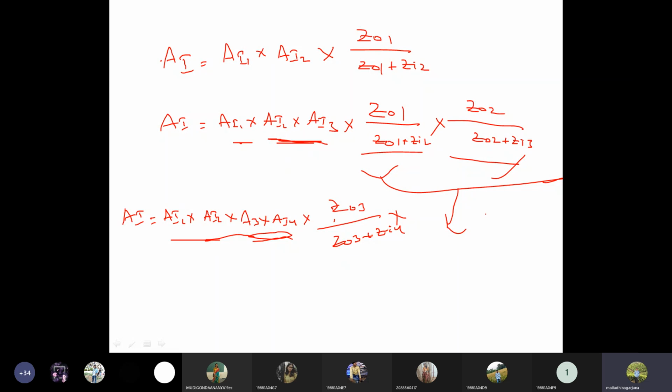There are no separate derivations for input impedance and output impedance for multistage amplifiers. That is, the input impedance of the first stage will be treated as the input impedance of the multistage amplifier, and the output impedance of the last stage will be treated as the output impedance of the multistage amplifier.